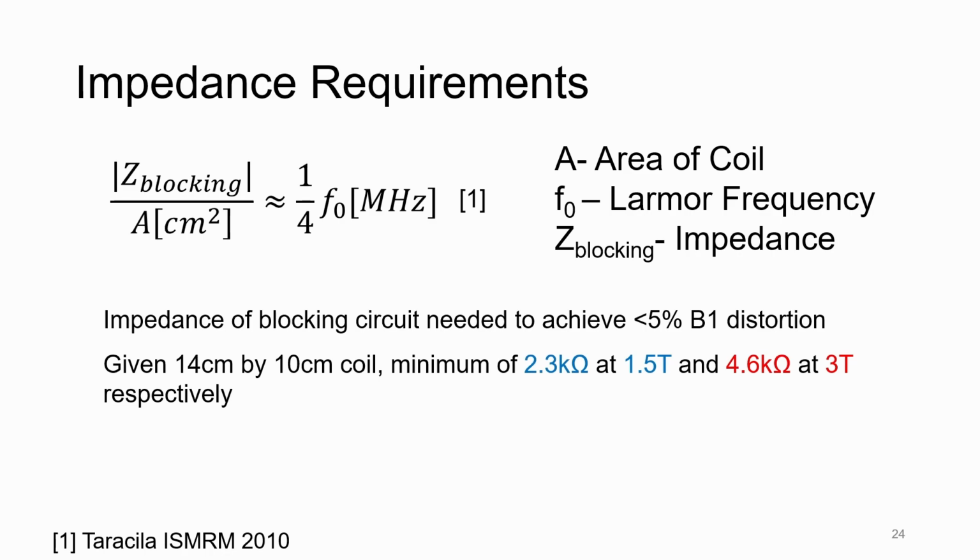We used this equation, given the size of our coil, to calculate the minimum impedance we need to achieve the B1 distortion we want. We calculated that for 1.5 Tesla, we required at least 2.3 kiloohms, and at 3 Tesla MRI, we require at least 4.6 kiloohms.